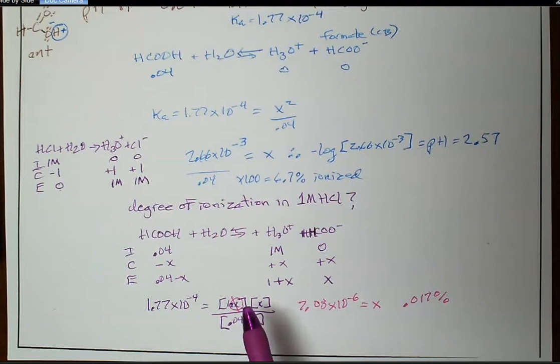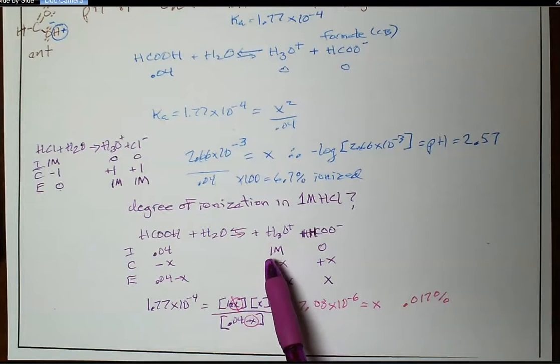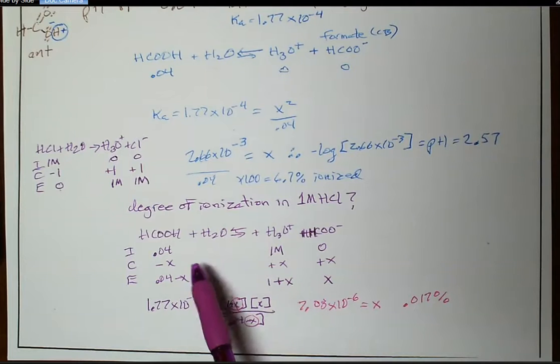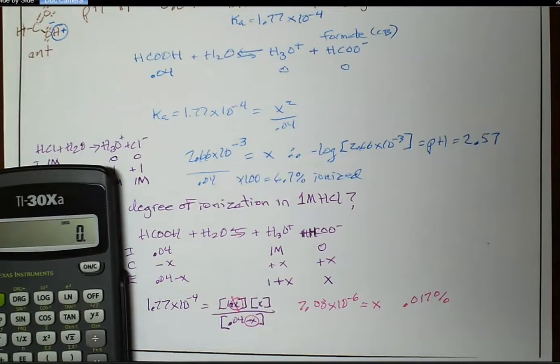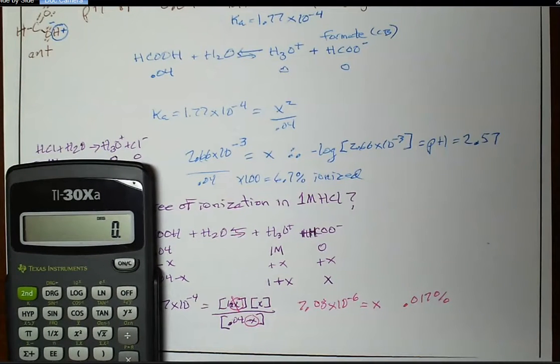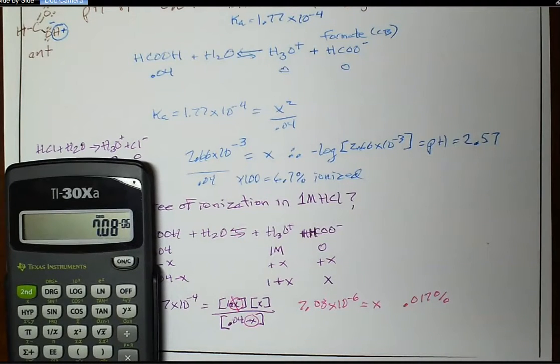Okay? So now what would the pH of this be? Now, there's 1 molar hydronium already there from the hydrochloric acid. We're going to add this much more hydronium from the formic acid. So, let's see here. 7.08 times 10 to the negative 6th.